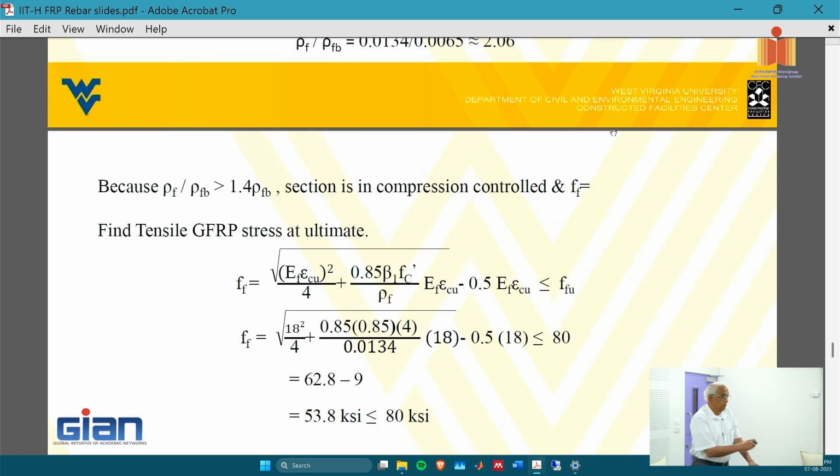So the important message of this slide is to find the stress in the bar, which must be less, otherwise it's not compression control. Yes, that is the point. If you got something higher than 80 ksi, something is wrong with your computation. That's what we did.